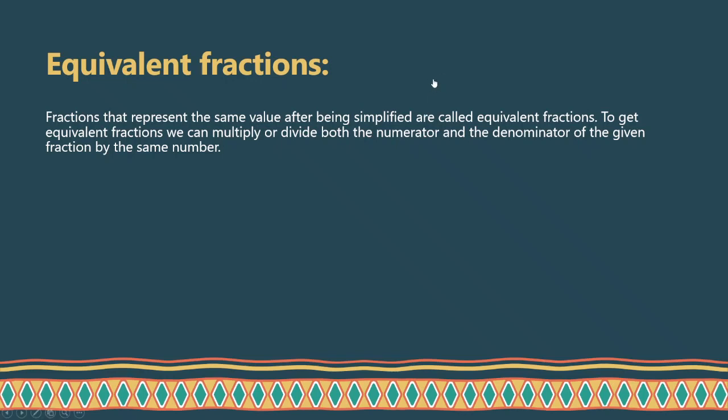To get equivalent fractions, we can multiply or divide both the numerator and denominator of the given fraction by the same number. Then we get equivalent fractions.